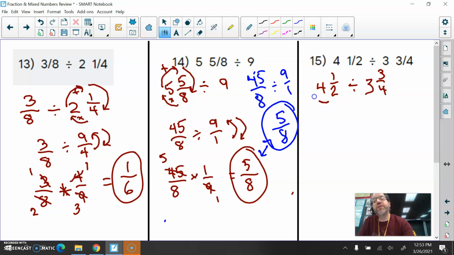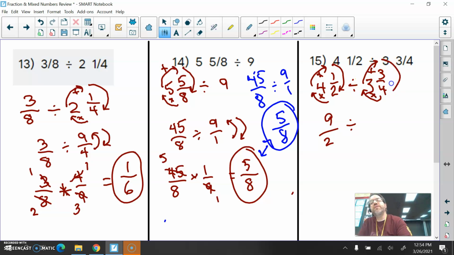So we'll go around the horn here. 2 times 4 is 8. 8 plus 1 is 9. Put that over your denominator of 2. Divided by, same thing over here. 4 times 3, that's 12. Plus 3 is 15. And we put that over 4. 9/2 divided by 15 over 4.